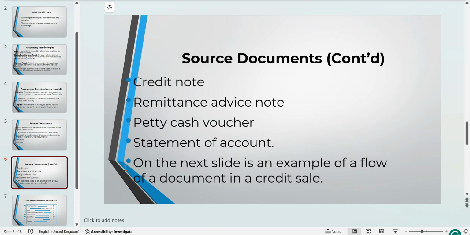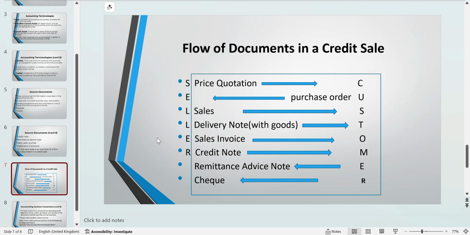On the next slide, you see an example of how documents flow. Most often, before the price quotation goes from the seller to the customer, there must have been an inquiry. So you're inquiring about the prices of goods. Once you're satisfied with the supplier you want to buy the goods from, the supplier will send you their price quotation.